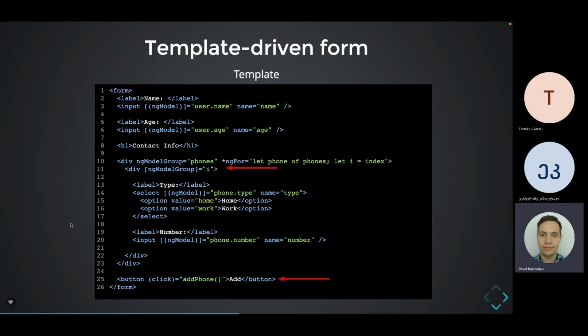Firstly, we need to iterate over each phone from the phones array and assign each phone block to the model group that actually is the index of the array. And simply add the add phone button to add the new one.